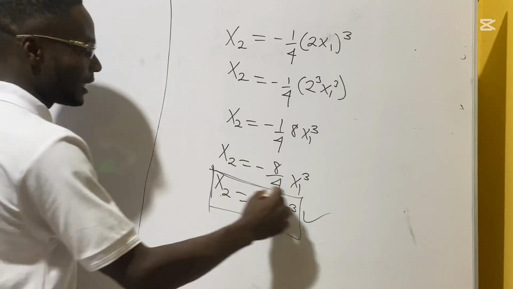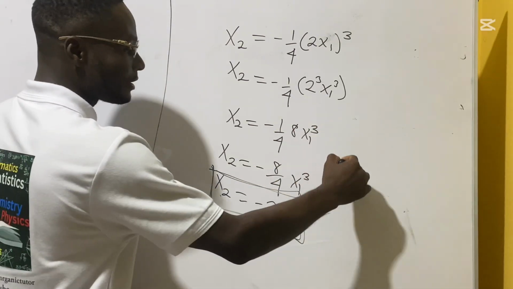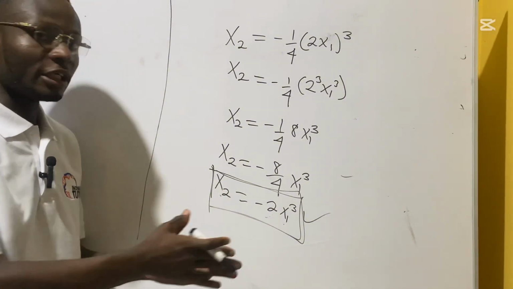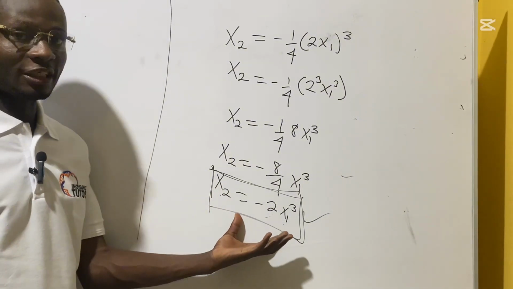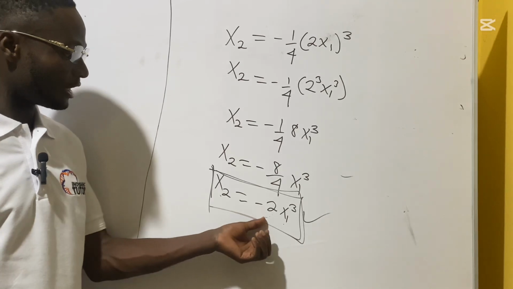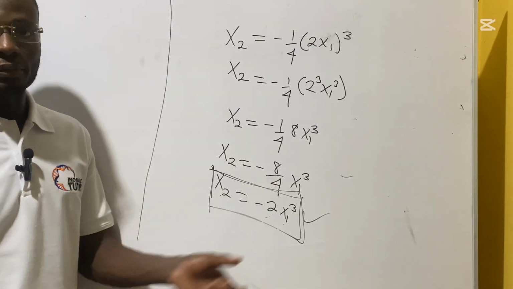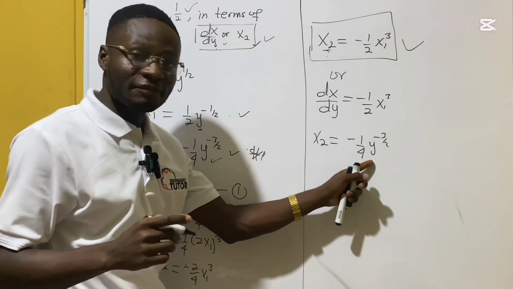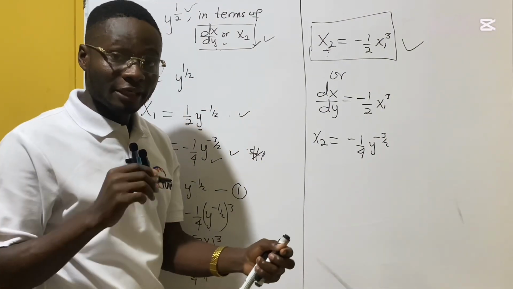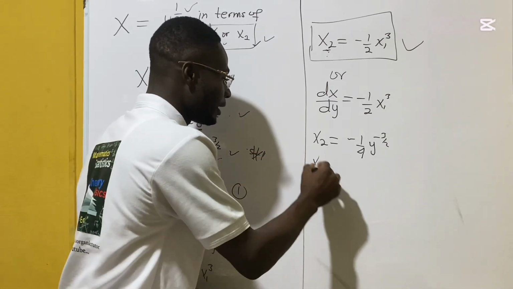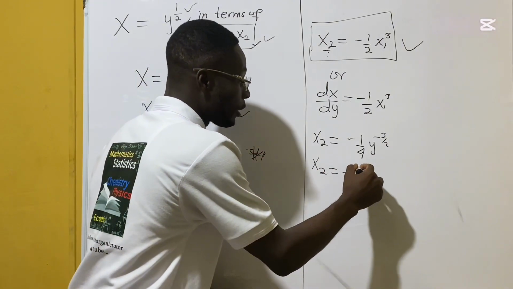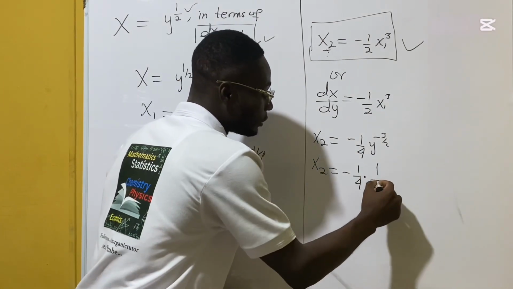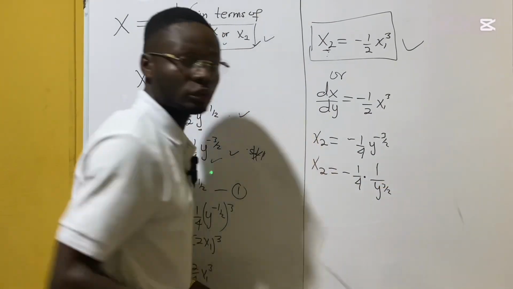So this is the right solution, but the other side too is correct. But depending on the question, this is what we are interested in at this moment. x2 equals negative 2 x1 cube, right? And you are aware that y power negative 3 on 2 can be reciprocated, right? So we're going to have x2 equals negative 1 on 4 times 1 on y power 3 on 2, right?